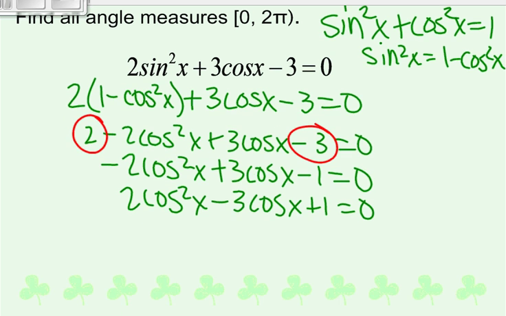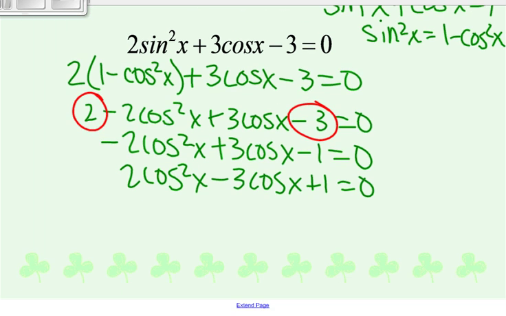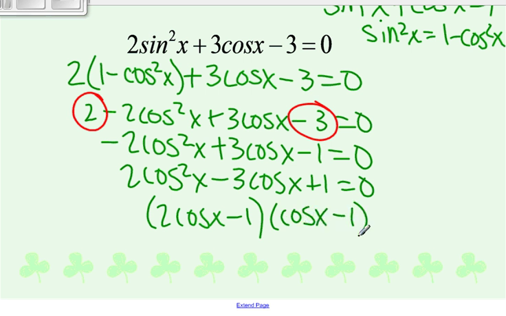And then here, you're going to do your magic factoring, okay, and you're going to get a 2 cosine of x minus 1 and a cosine of x minus 1. Now, if you are in my B7, I miswrote the second piece there. So please make sure you look at that. Okay, so now we're going to split this up.